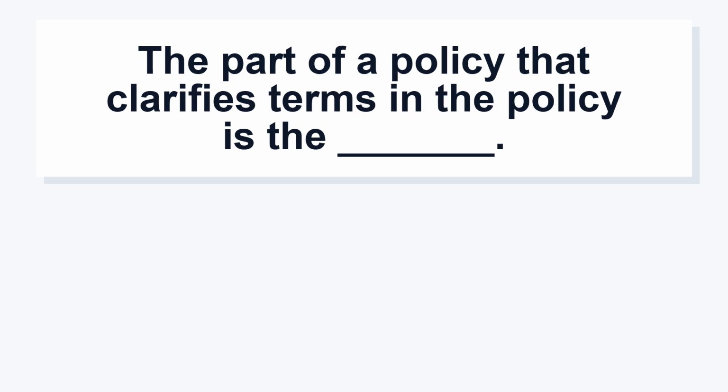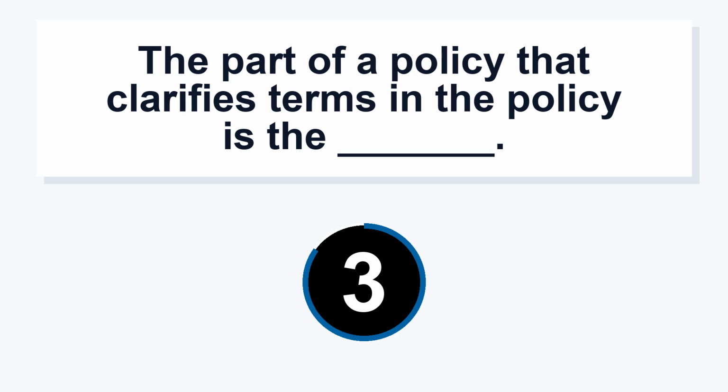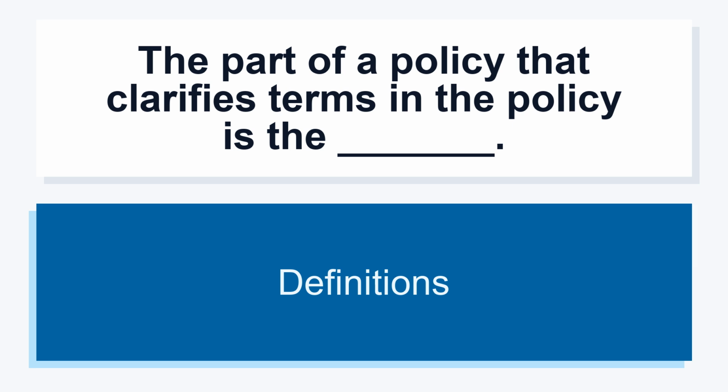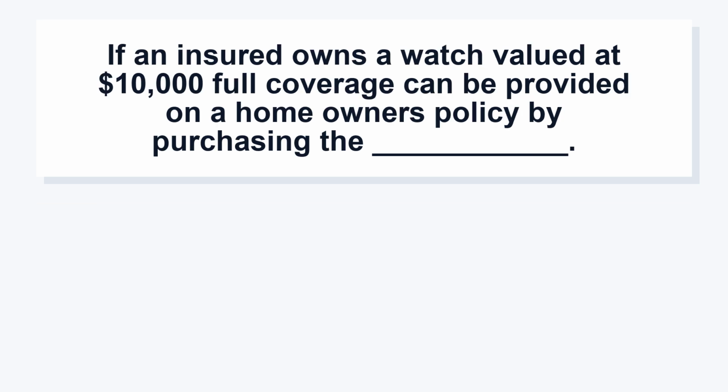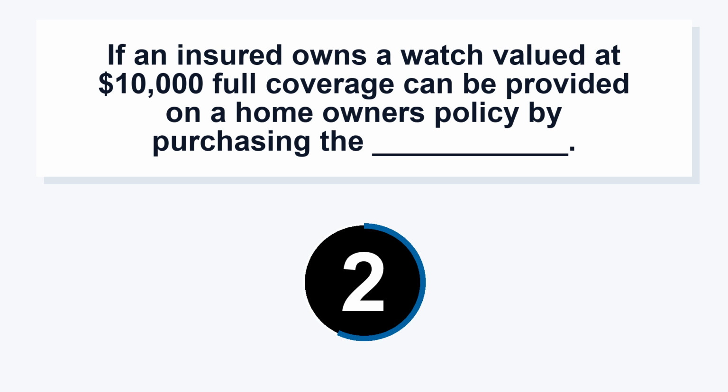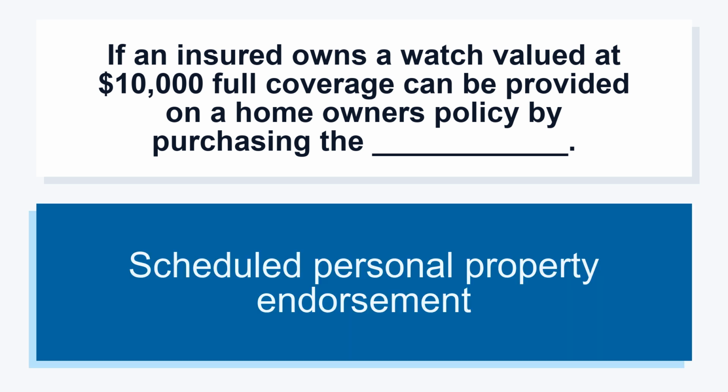The part of a policy that clarifies terms in the policy is the... If an insured owns a watch valued at $10,000, full coverage can be provided on a homeowner's policy by purchasing the scheduled personal property endorsement.